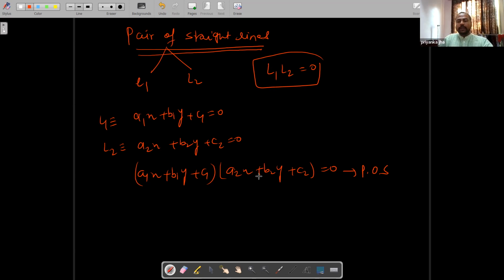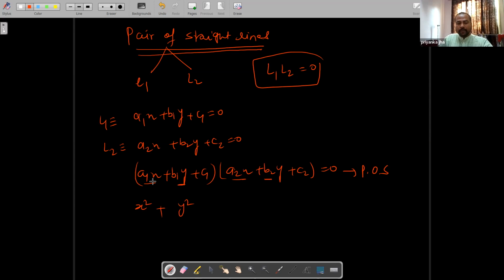Now, let's open this. I'm not opening it completely because there is no sense in that, but I'm just telling you one thing. If you multiply this and this, you will get x squared. If you multiply this and this, you will get y squared.